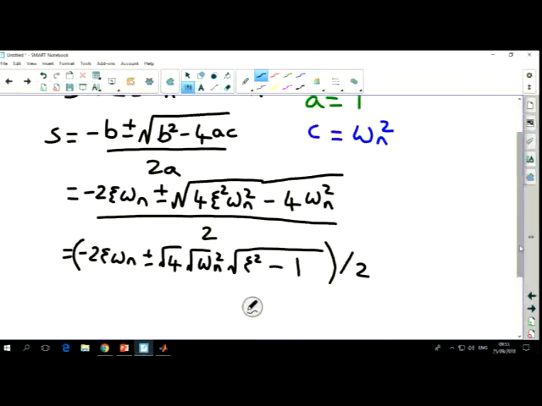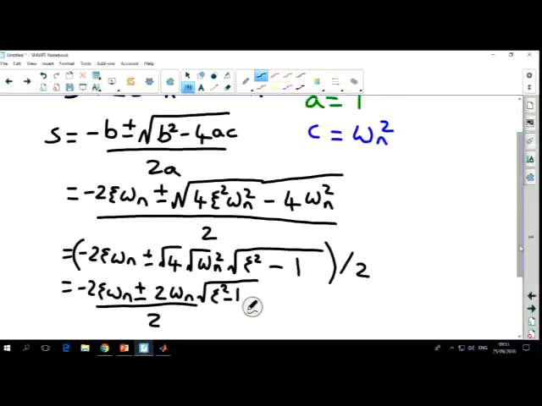You should have done this in maths at some point. So square root of 4 is 2. Square root of omega n squared is omega n. And that's still over 2.